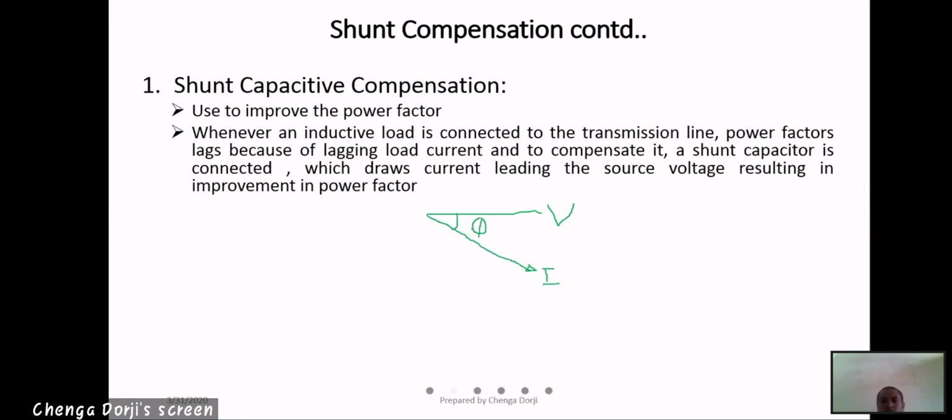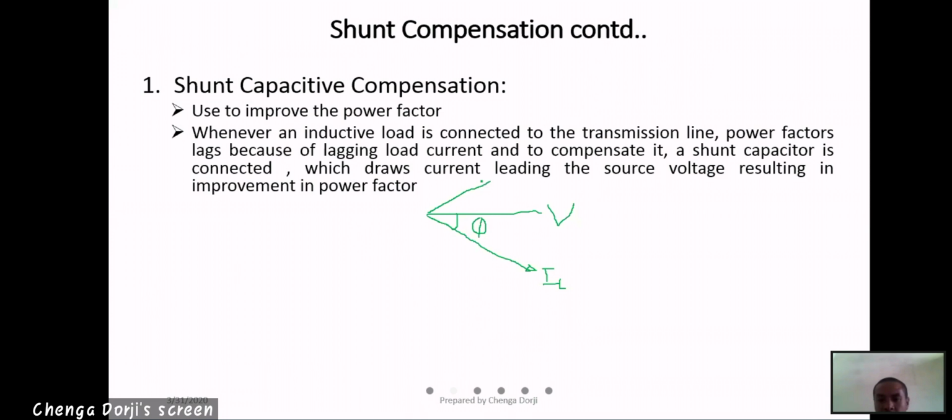This is without any shunt capacitor. Now if you connect a capacitor, this is your current IL, the inductive load current. The capacitor will draw a current which leads the voltage. This one will be your IC.